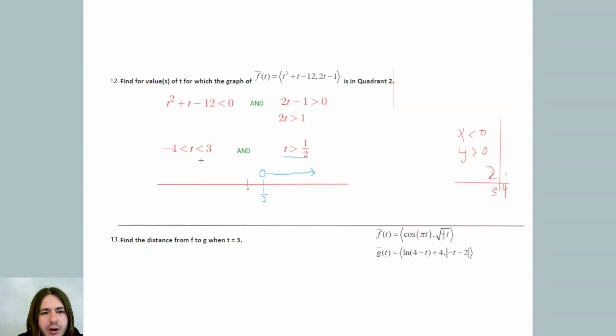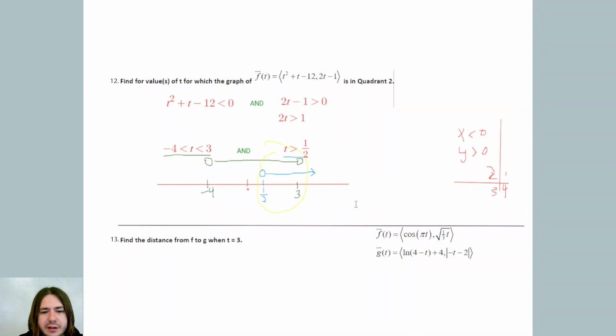And then where x is negative is in between -4 and 3. So this statement says t's got to be between -4 and 3, in other words, all the numbers in between here and here. So which t values will satisfy both conditions? That's going to be these values in here, the overlap, essentially.